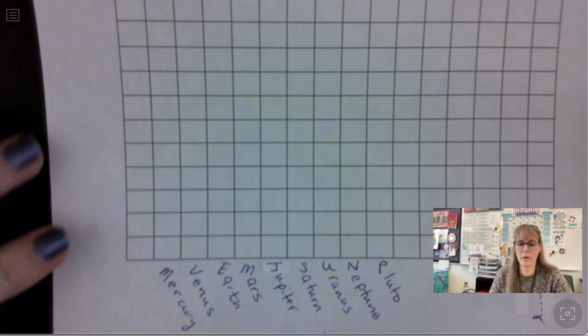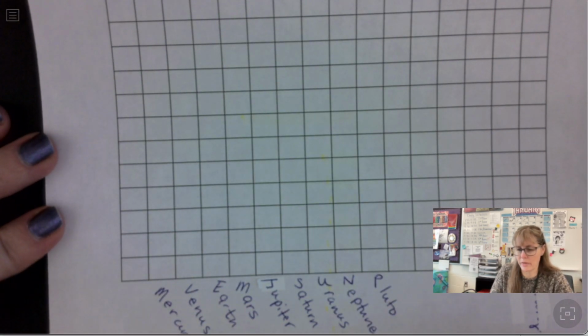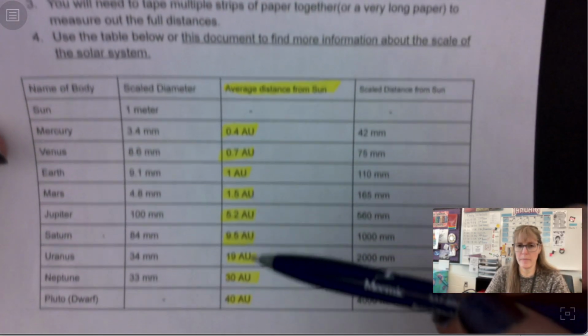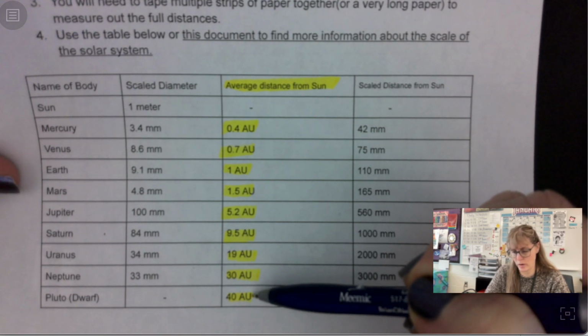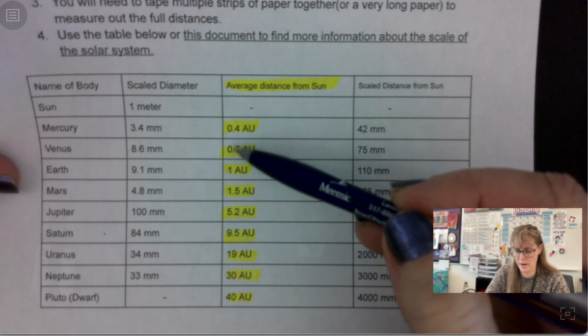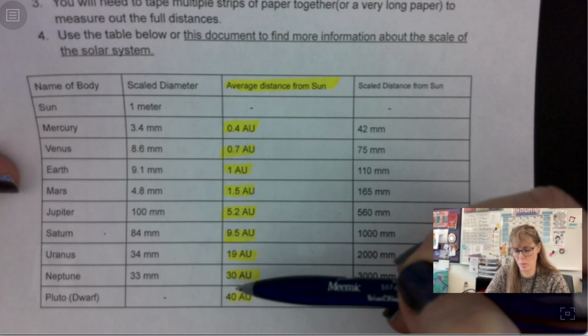The scale for average distance of each planet from the sun, the first thing we need to do is look at the data. So remember, we're using this data here. Our biggest number is 40 AU, 40 astronomical units, and our smallest is 0.4. Looks like they get pretty big after the 0.4.